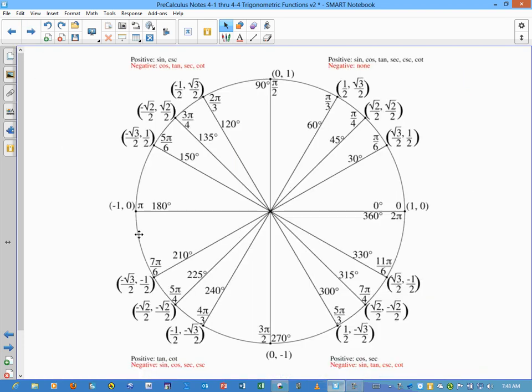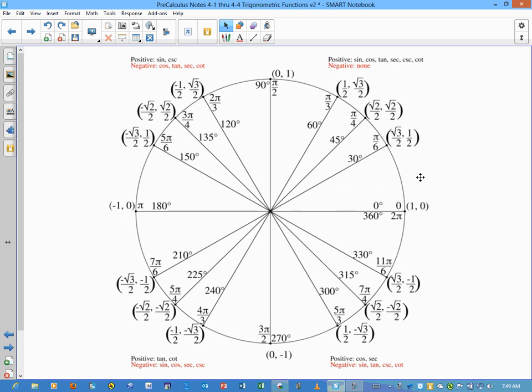Most people memorize the unit circle, because on the unit circle, as we've established, the terminal point's x and y represent the cosine and the sine. So for any point on the unit circle, and our special angles are 30, 45, and 60, and all multiples of those, the terminal point, in other words the point on the unit circle, represents the x value being the cosine and the y value being the sine. And if you want to remember or memorize the unit circle, by all means do that. That'll speed things up as you work problems.